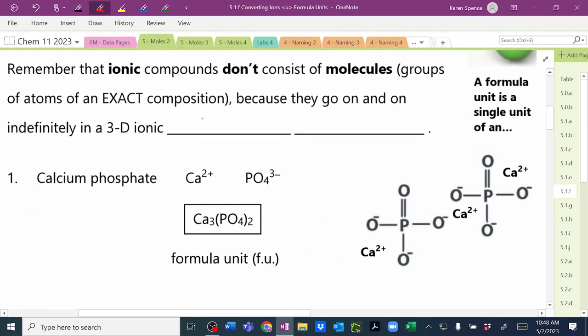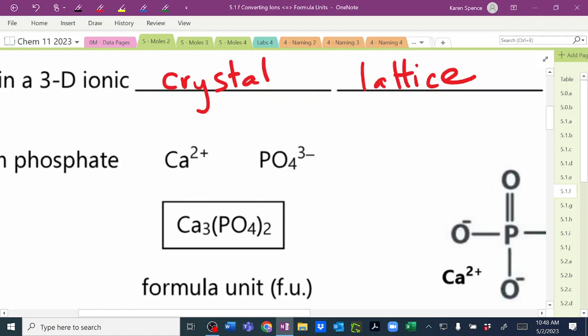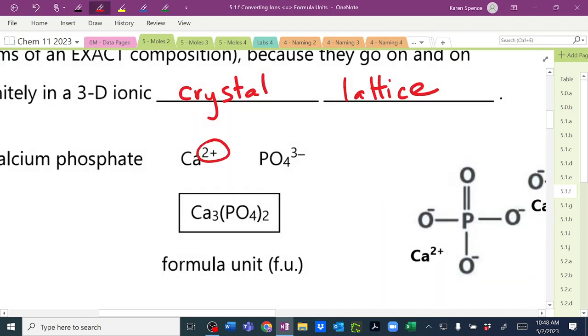So let's take an ionic crystal lattice. So here we have calcium phosphate. Calcium is 2+, phosphate is 3-. So hopefully by this point you know that we need to make the total positive and total negative equal how much? 6, right?